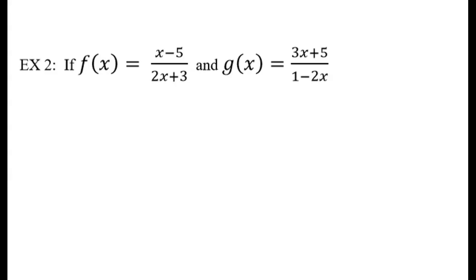We need to prove that these are inverses by finding their compositions, just like we did before. So first I'm going to take all the g of x's, and wherever I see an x, I'm going to replace it with g of x.